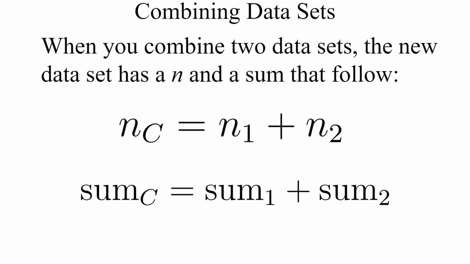So if the sum of the first data set was like 200 and the sum of the second data set was 800, you could add them together and get 1,000. Now, really important, guys, means are not additive when you combine. You have to do some calculation using those formulas on the previous slide. So just make sure you understand that when you combine data sets, you can add up all the samples to get the total sample size, and you can add up all the sums to get the total sum. That's the idea. These aren't really equations you need to memorize.